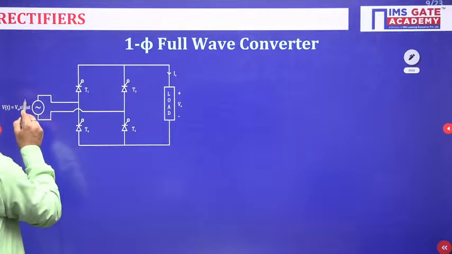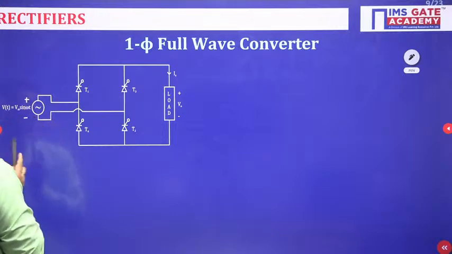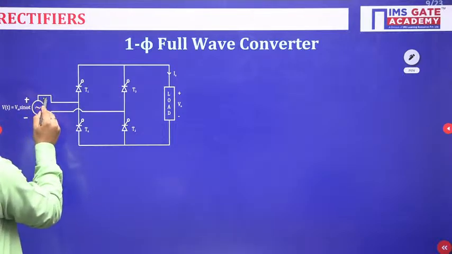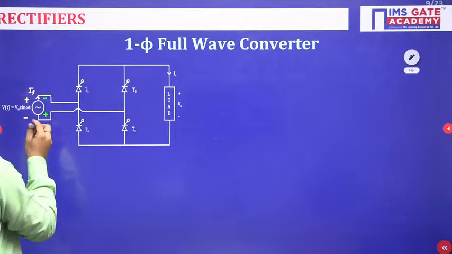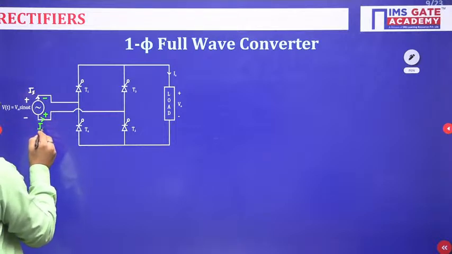Just see, during the positive cycle, and when there will be a negative cycle. Okay, so this is the reference direction for the source current. When we have a negative cycle, the source current will be flowing like this.